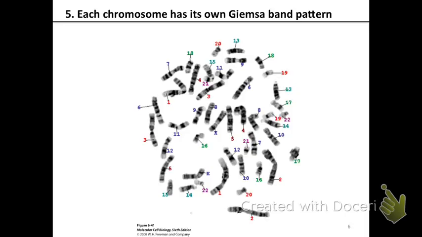But these are trained people that know that the Giemsa pattern is going to indicate what chromosome it is. What's important is that the patterning is reproducible. That means every time these people stain the mitotic chromosome, they're going to see the exact staining pattern for a given chromosome. And it's going to tell you the identity of that chromosome.